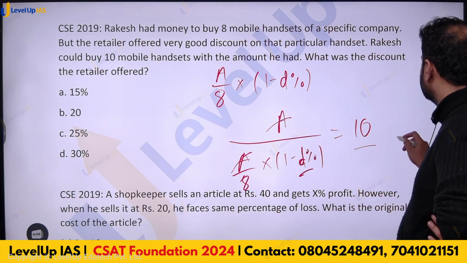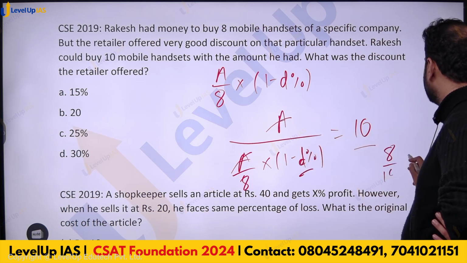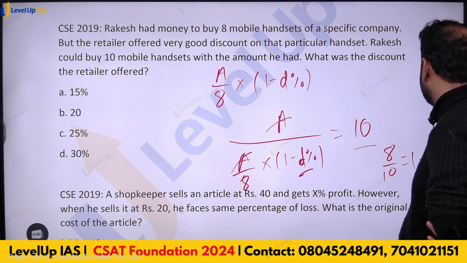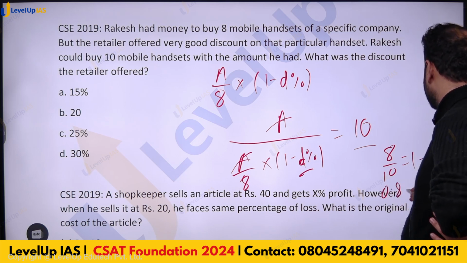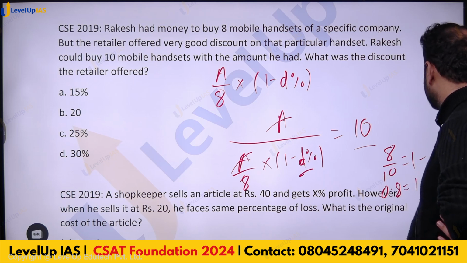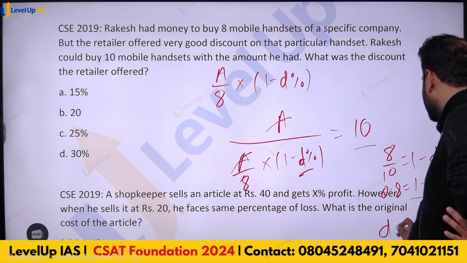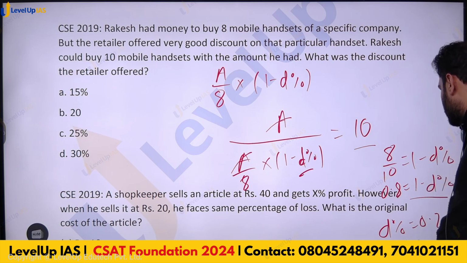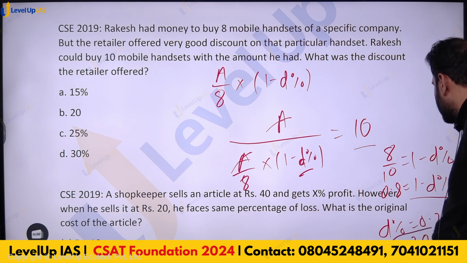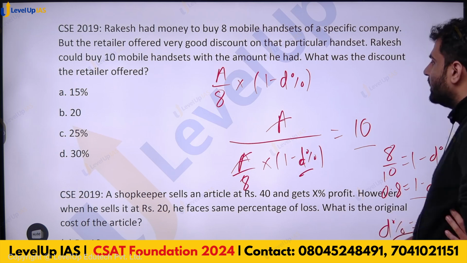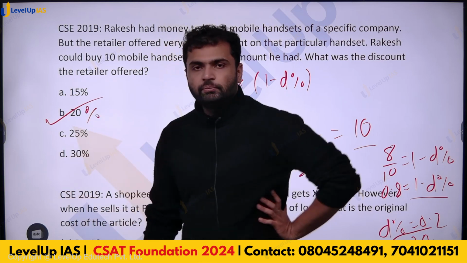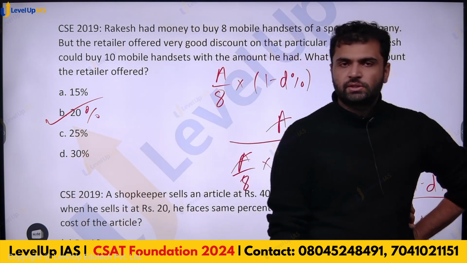So what we have is 8 by 10 is equal to 1 minus D%, or 0.8 is equal to 1 minus D%. So D% is equal to 0.2. Percent is nothing but division by 100, so we multiply by 100. D is equal to 20. Answer here is 20%. Simple question, very simple.